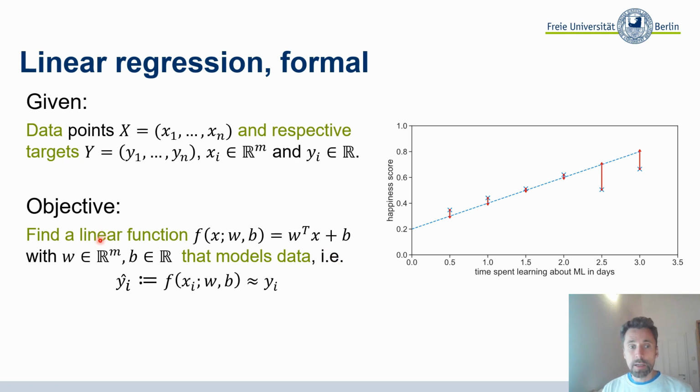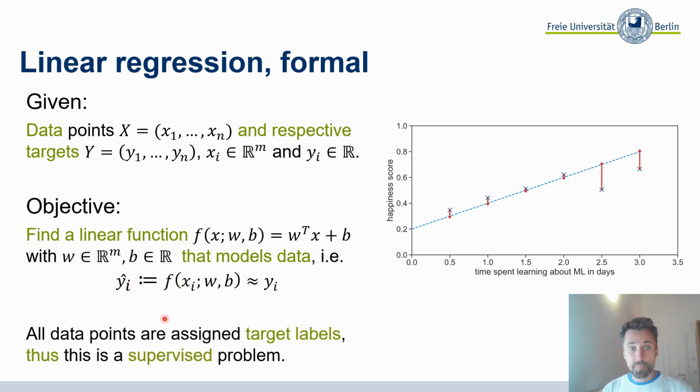Now this linear model should approximate the labels as best as it can over all of these samples. And since we do have target labels, this is a supervised learning problem.